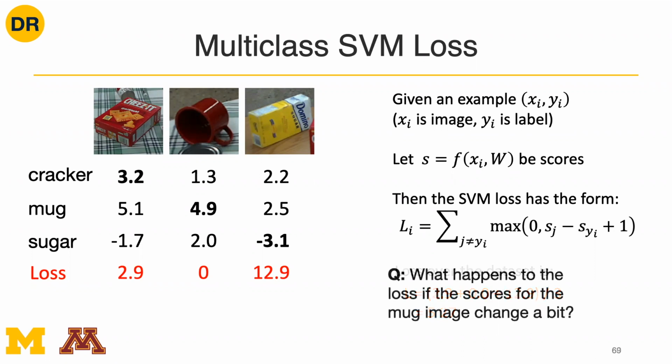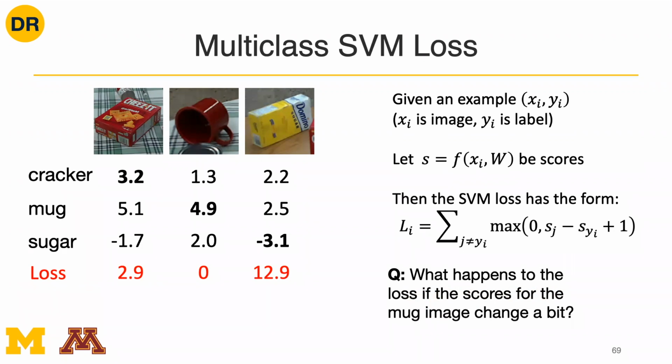Okay, so let's probe into a few. I'll have more questions on the slides when I upload, but let's look at a couple of examples here. So what happens to the loss if the scores for the mug, that is this middle column here, change a bit?